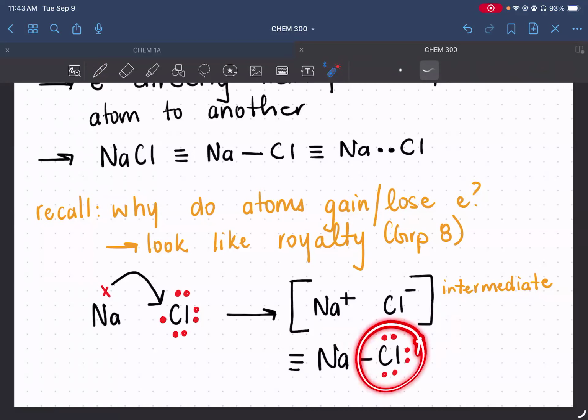Chlorine, you can argue with the same perspective from its direction, has access to 1, 2, 3, 4, 5, 6, 7, 8 electrons. Has access to 8. Remember, 6 of them are on the atom itself. The remaining 2 are on the bond. The chlorine resembles a noble gas such as neon with 8 valence electrons.